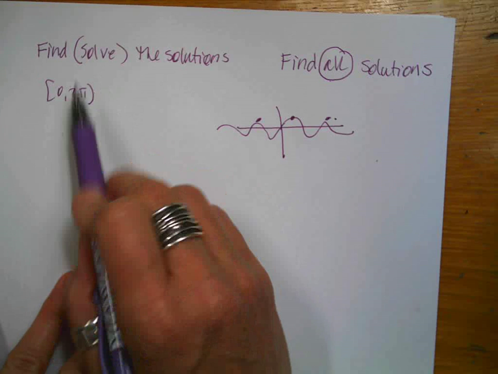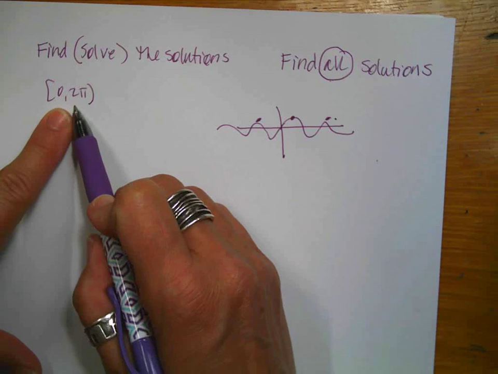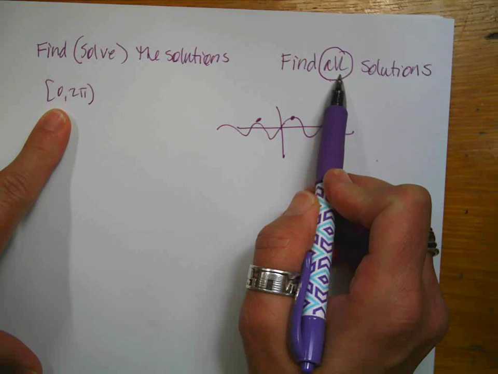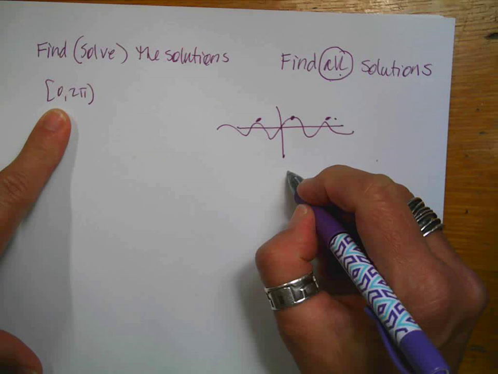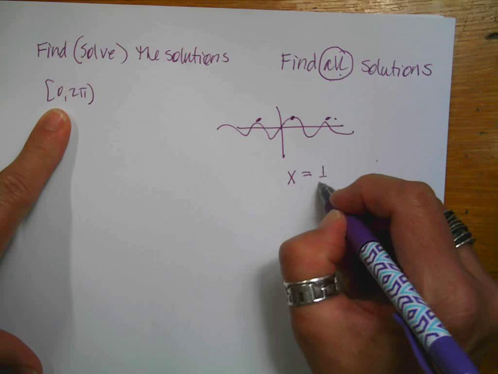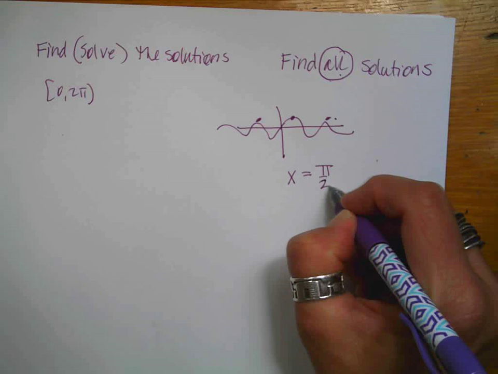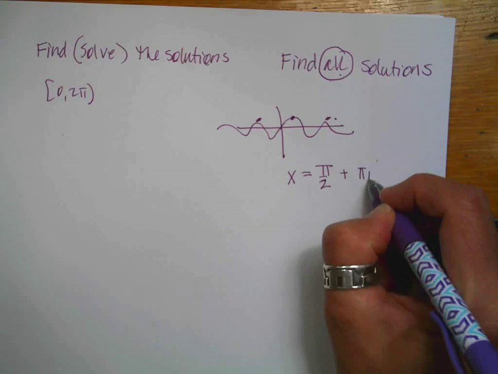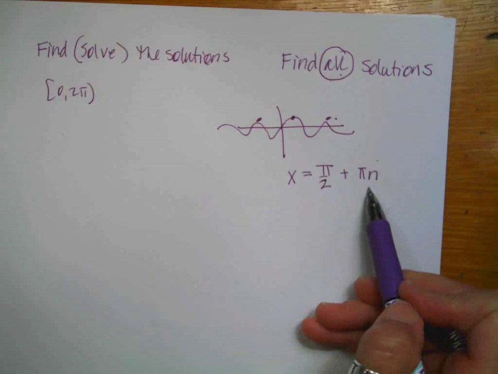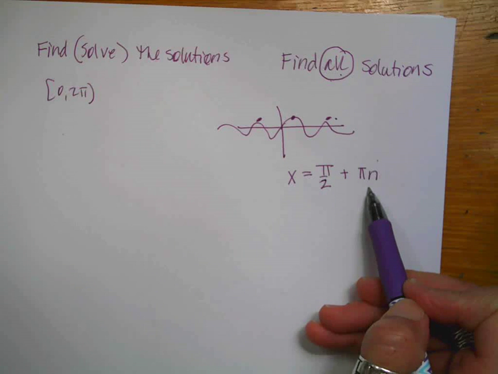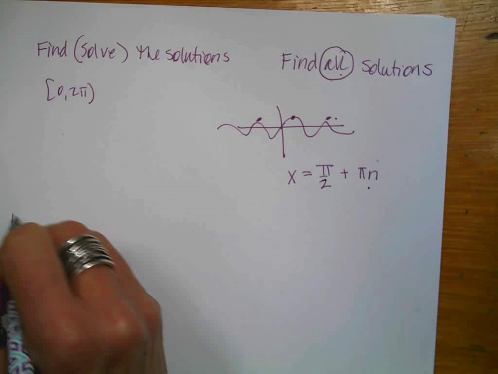So you want to make sure that you're paying attention to the directions. Am I doing it in one complete rotation, or am I doing it for all eternity? This one might be x is equal to pi over 2 plus maybe it's pi n. And we'll talk about this more as these types of problems show up.